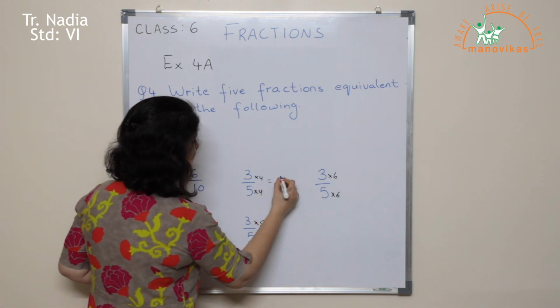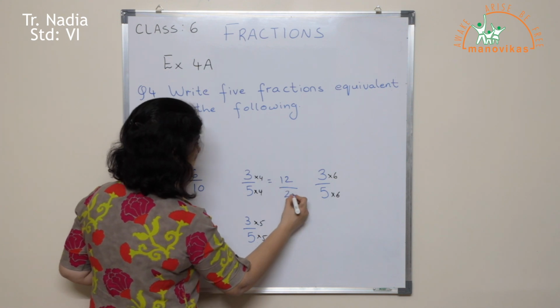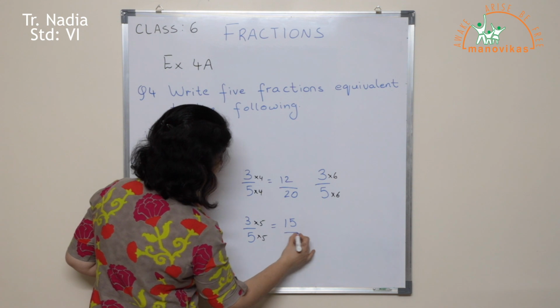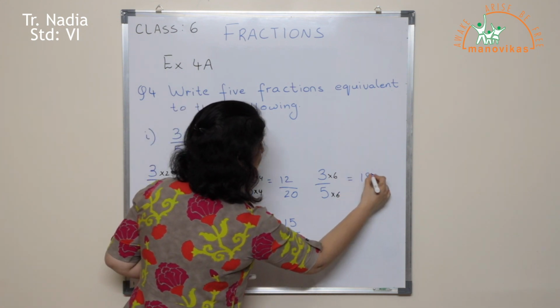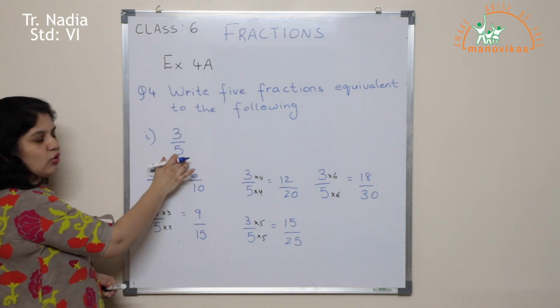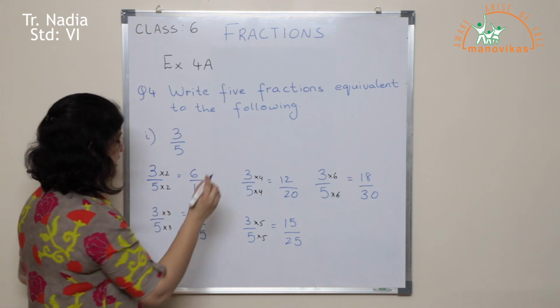So in this case 3 multiplied by 4 is 12, 5 multiplied by 4 is 20. 3 multiplied by 5 is 15. 5 multiplied by 5 is 25. 3 multiplied by 6 is 18. And 5 multiplied by 6 is 30. So from this original fraction, I have now managed to get 5 equivalent fractions.